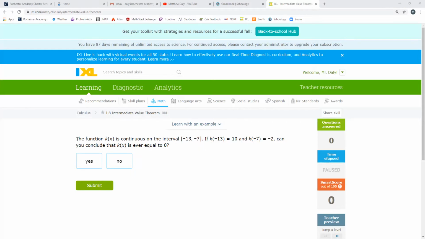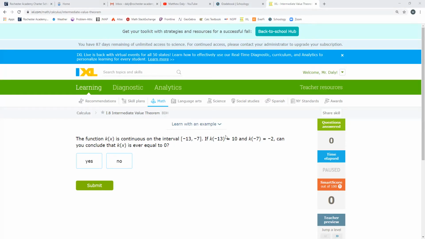All right, so here's the kind of question that you can get. The function k of x is continuous on this interval where the input ranges from -13 to -7. All right, so if k of -13, that's one of my sides of that interval, is 10, and the other output is -2, can you conclude that k of x is ever equal to 0?